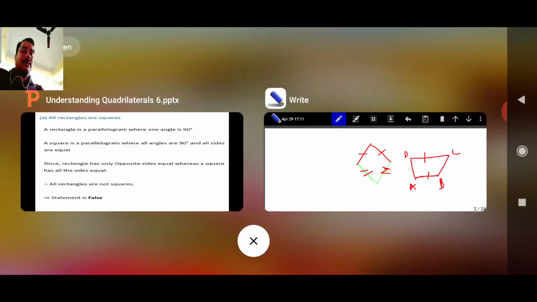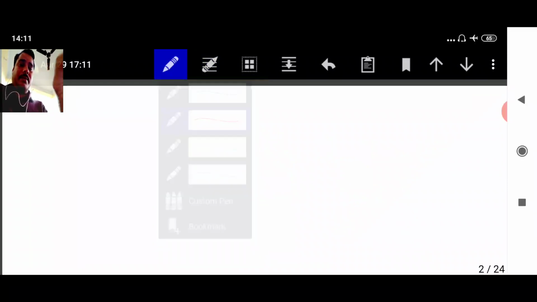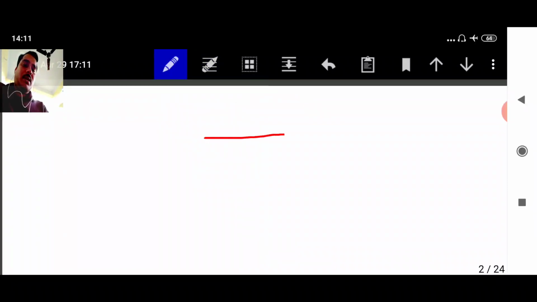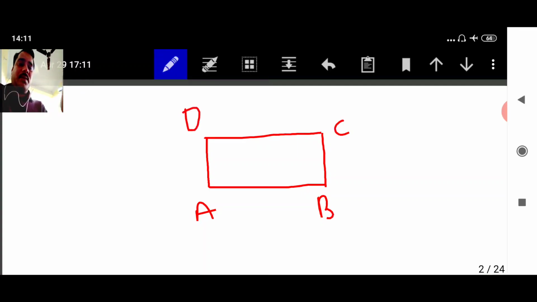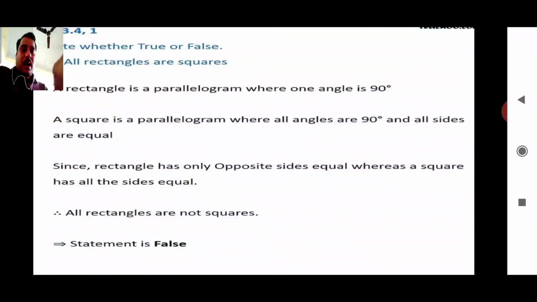Students, you know that in a rectangle ABCD, AB equals DC and AD equals BC, meaning opposite sides are equal, but in a square all sides must be equal. So this statement that all rectangles are square will be false.